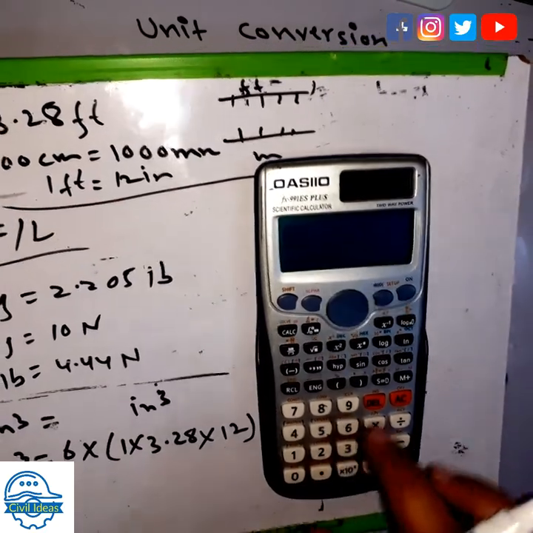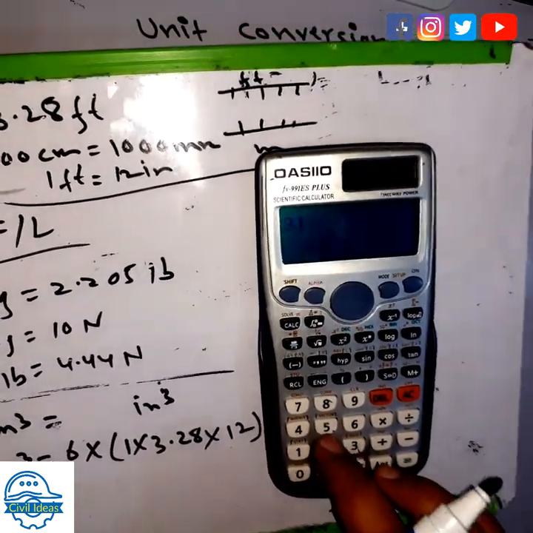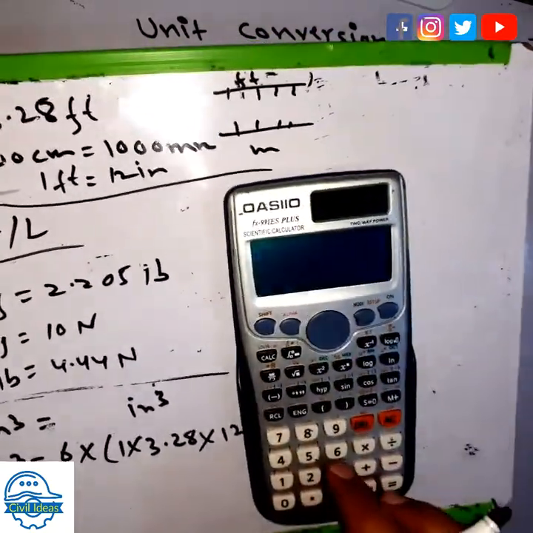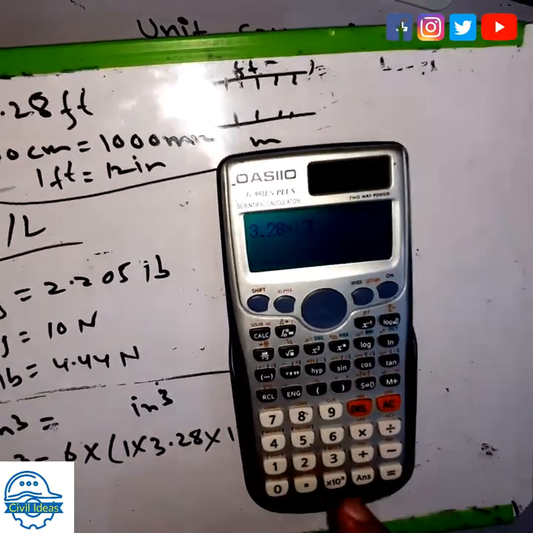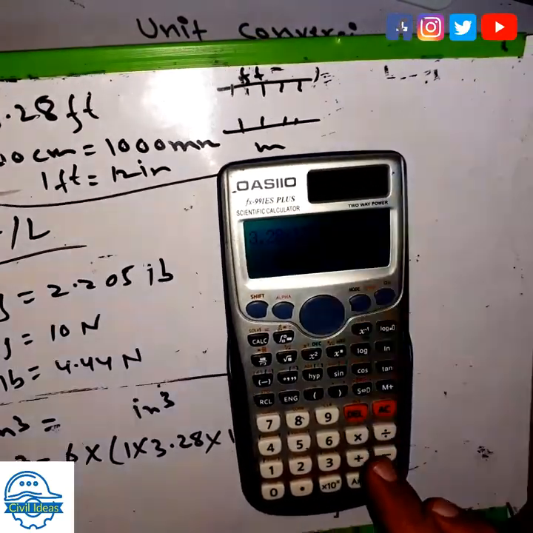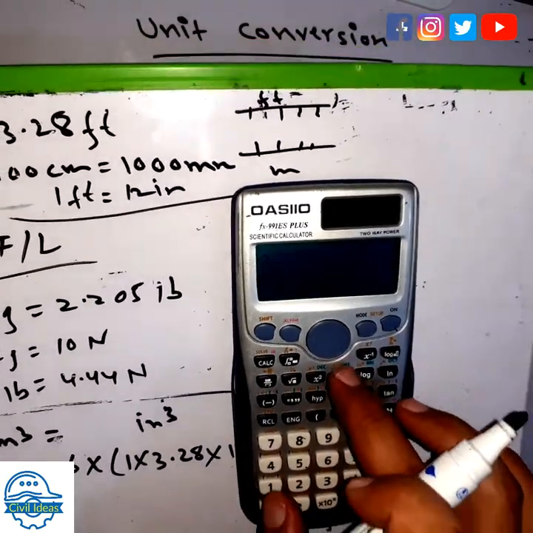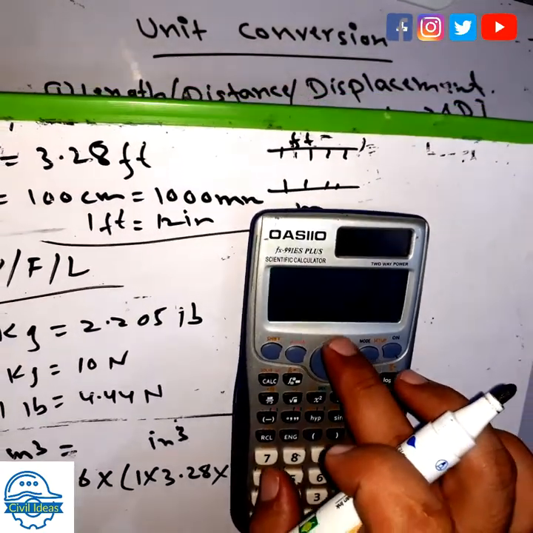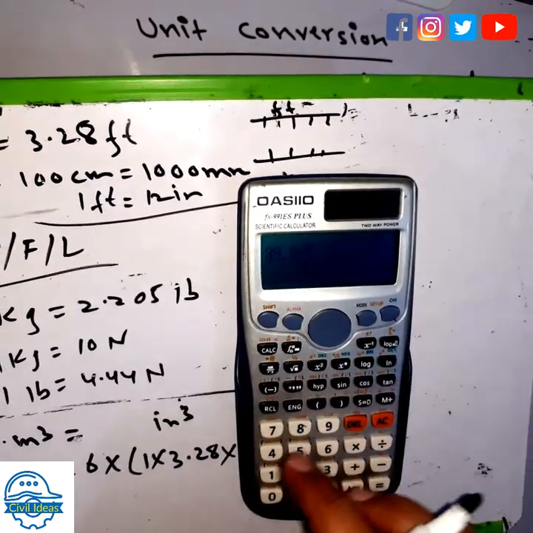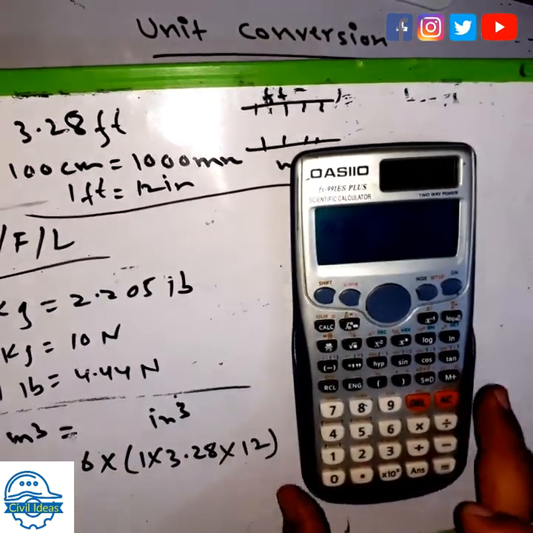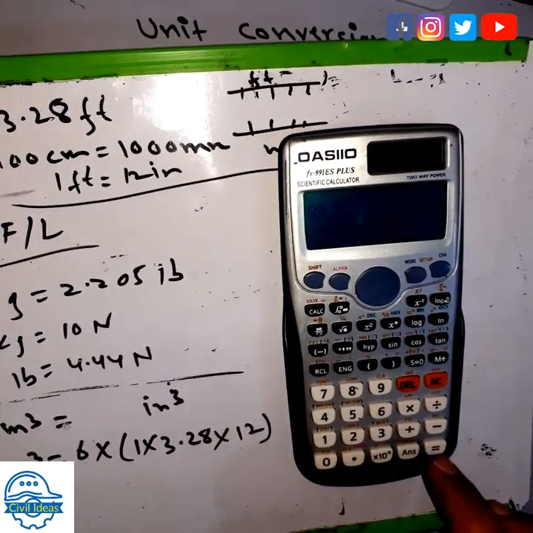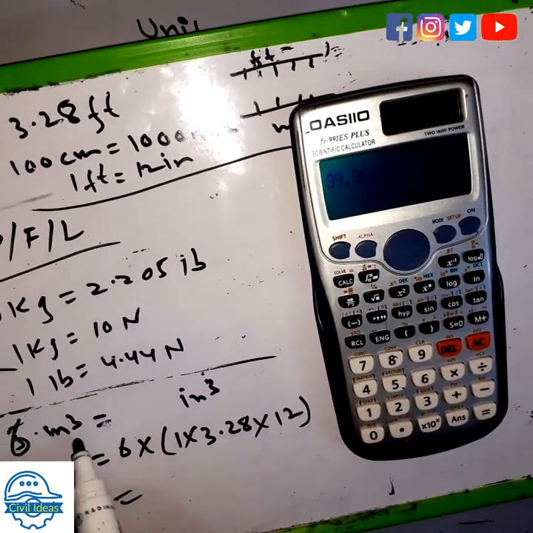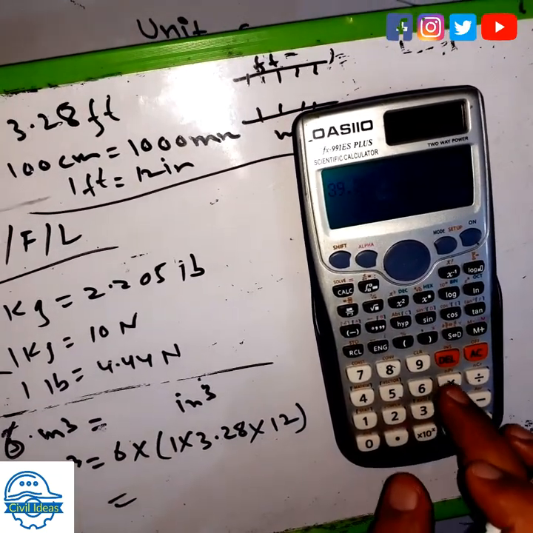First this will be 39 point something, sorry, there is some problem. Multiply 12, and it is 39.36. Now 39.36 to the power 3, then you will get the value, and that converts a meter into inches. Now you have to multiply it with 6.